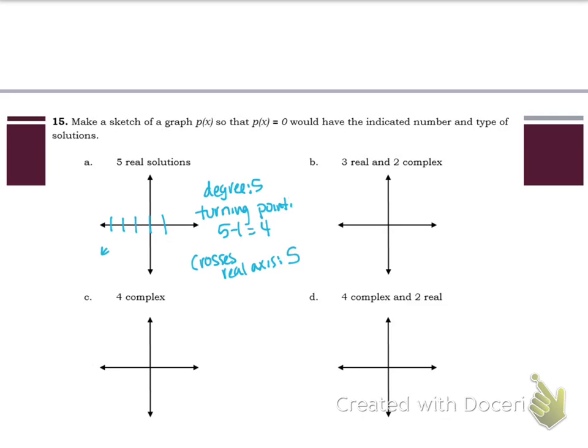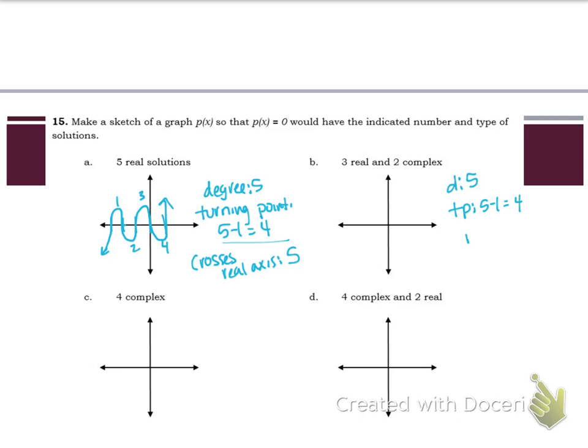So I'm going to start down here, and I know it needs to turn 4 times. So 1, 2, 3, 4. And then we got to keep it going to cross that 5th time. So my 1 turn, 2 turns, 3 turns, 4 turns, and then I got my 5 real solutions. Okay, my next one, it's a degree of 5. We just have 2 complex. My turning points, 5 minus 1 is going to get me 4.